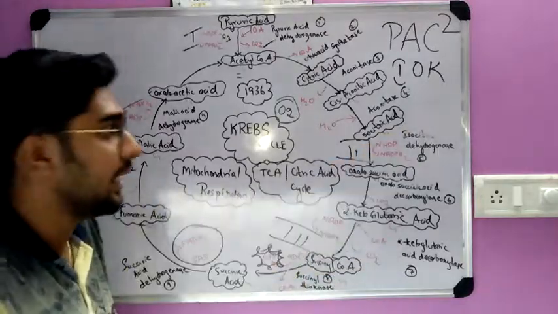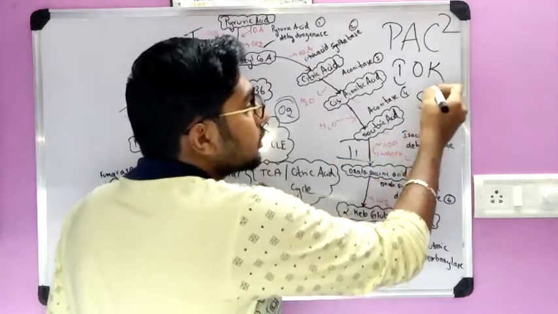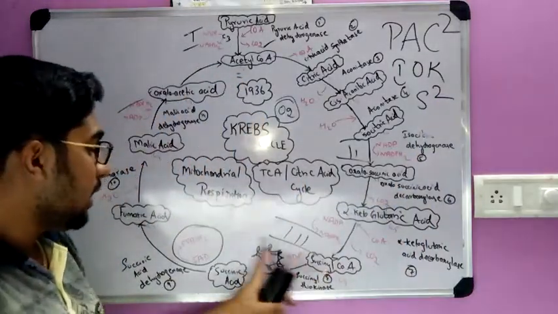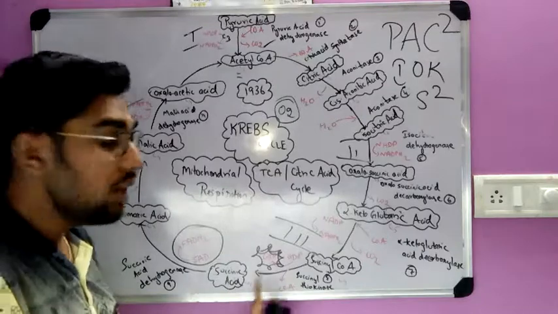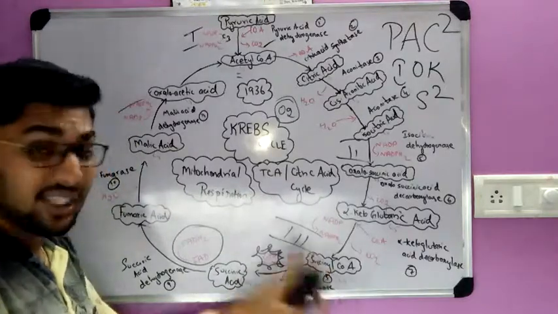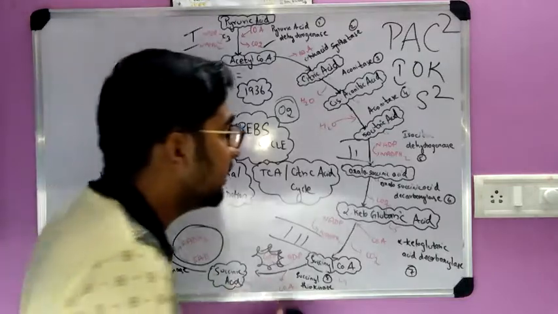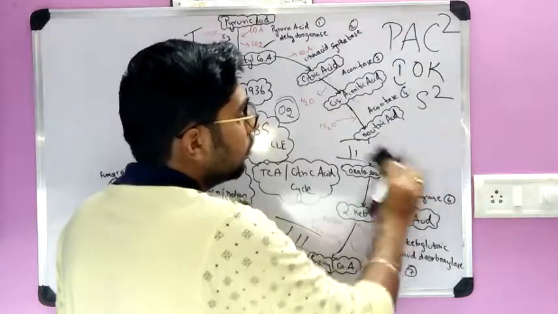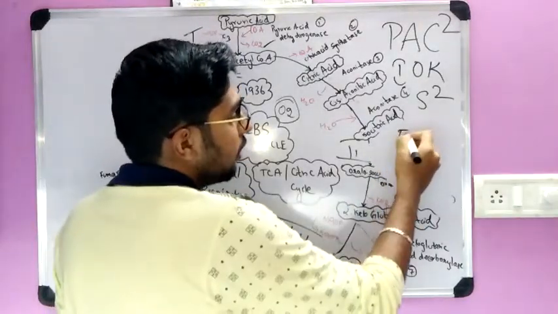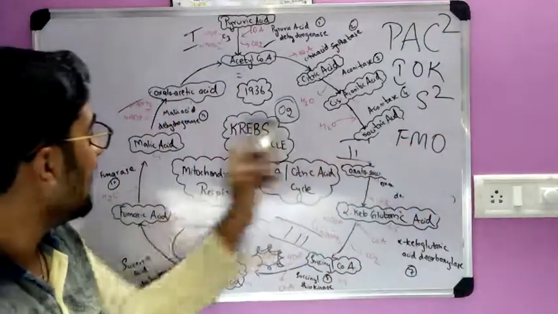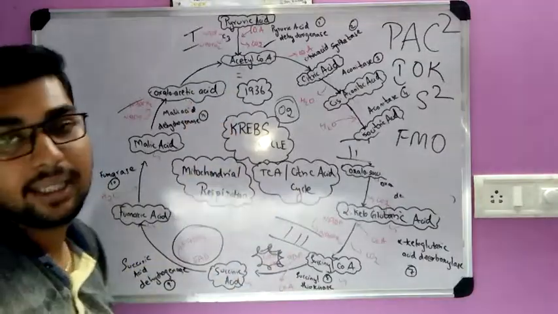S square: succinyl coenzyme A and succinic acid. The first S is succinyl coenzyme A, the second S is succinic acid. Next is FMO: fumaric acid, malic acid, oxaloacetic acid.